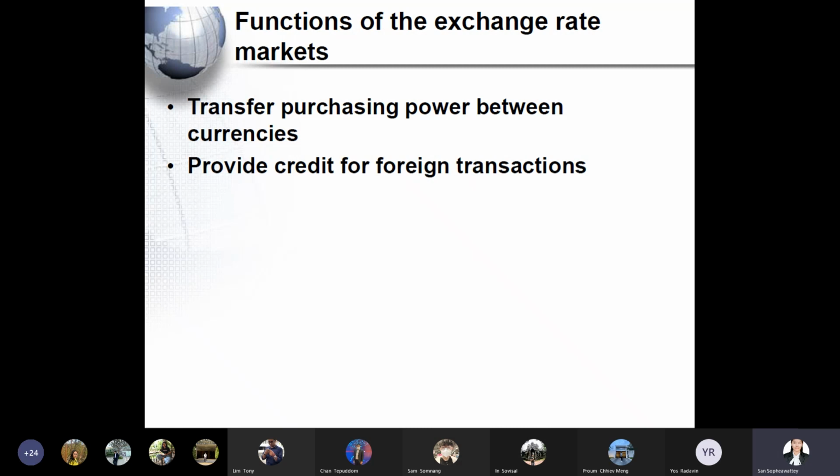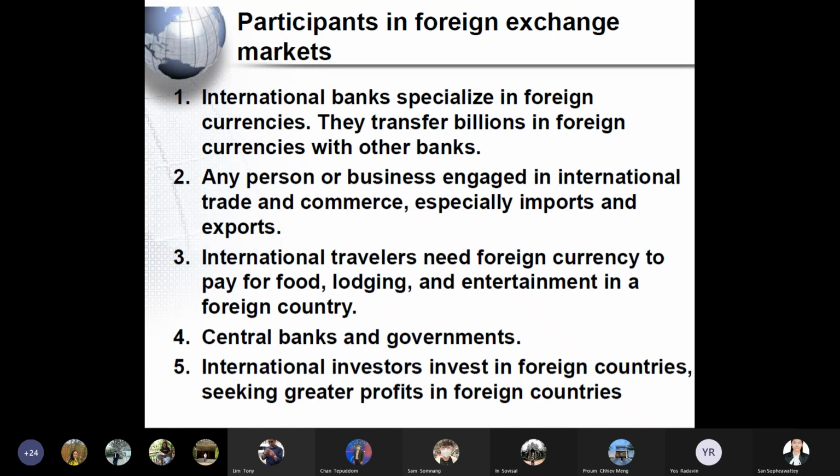The exchange market actually transfers purchasing power between currencies, and they provide credit for foreign transactions. Participants in the foreign exchange market, we already know, include international banks that specialize in foreign currencies, and those banks transfer billions of foreign currency with other banks.